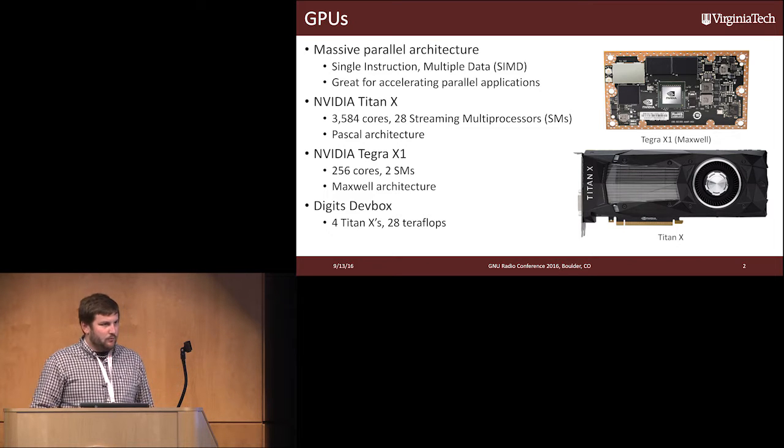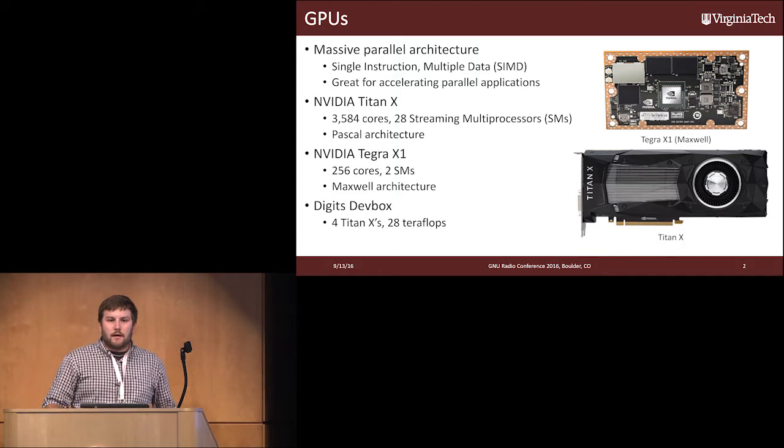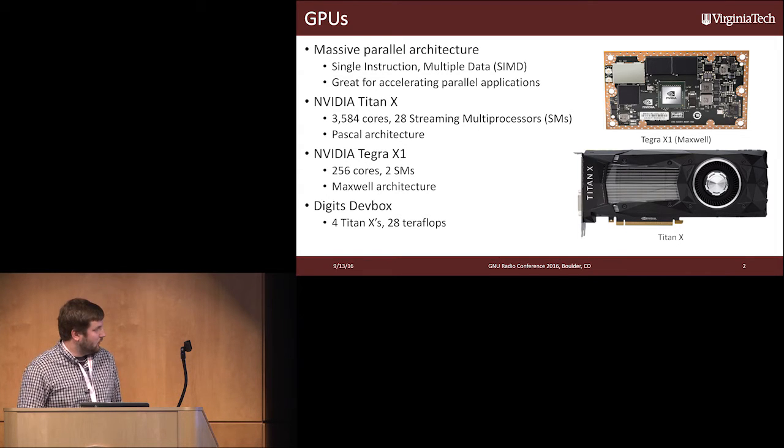Also, they've been doing a lot of work with embedded systems, so things like the Tegra X1, their top-of-the-line mobile processor, which has 2 SMs, so about 256 cores. And it's all easily programmable with CUDA.